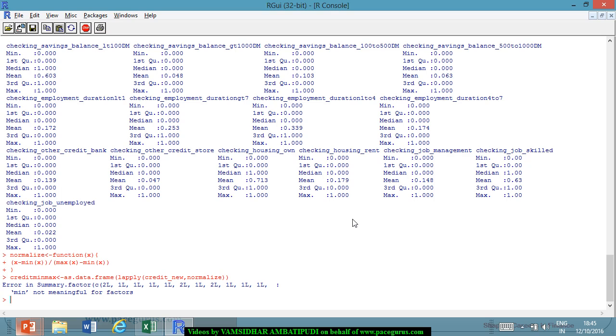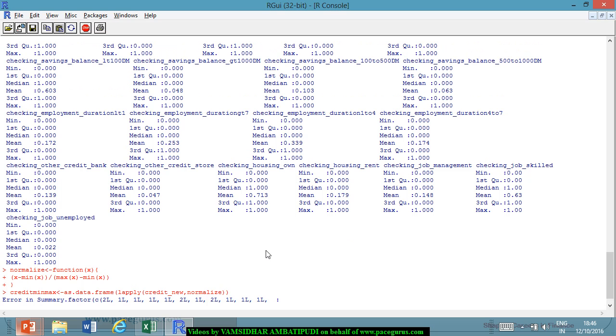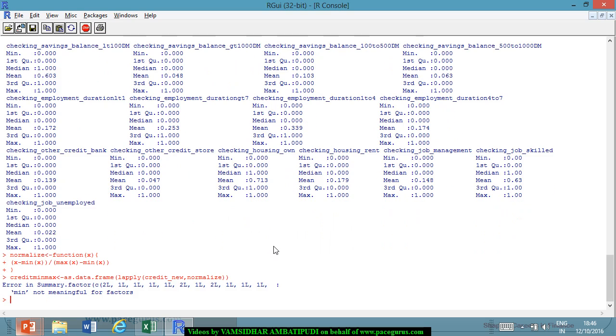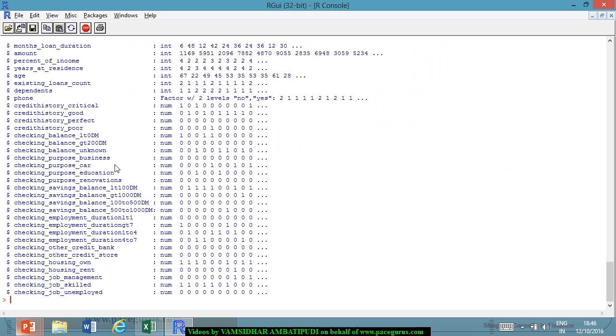Summary factor is not meaningful for the factors. Credit min-max, I'm applying it. So let me look at the structure of credit_new so that we'll see which factor variables are still there.